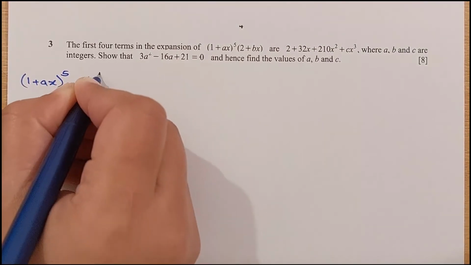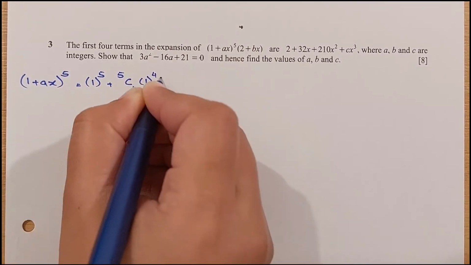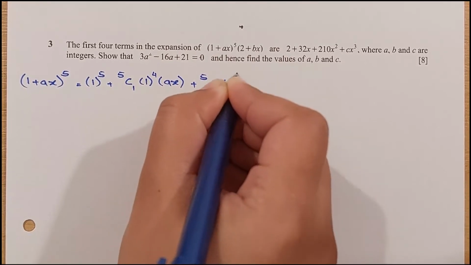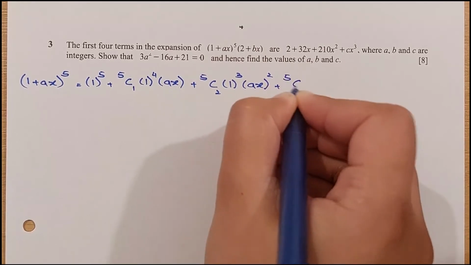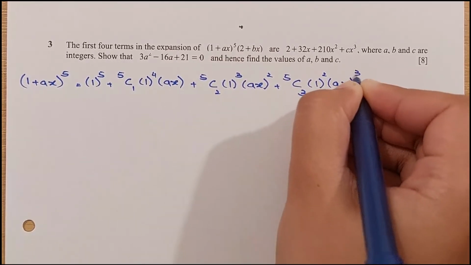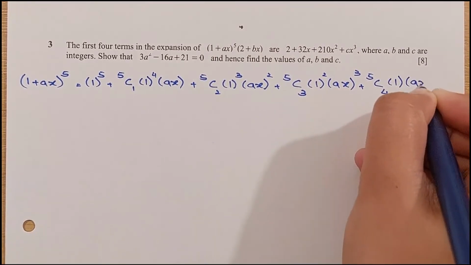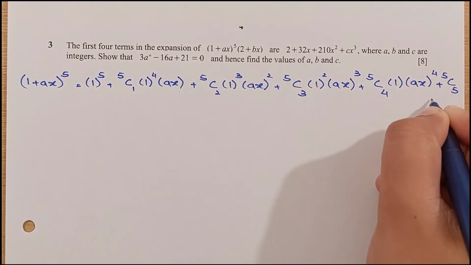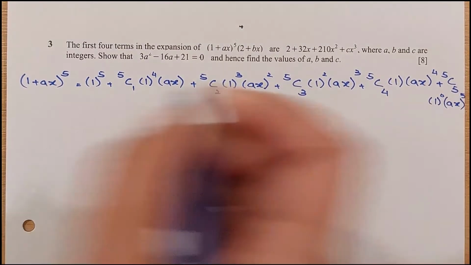So 1 power 5 plus 5c1 1 power 4 ax plus 5c2 1 power 3 ax squared plus 5c3 1 power 2 ax cubed plus 5c4, 1 power 1 ax power 4 plus 5c5, 1 power 0 and ax power 5, right?